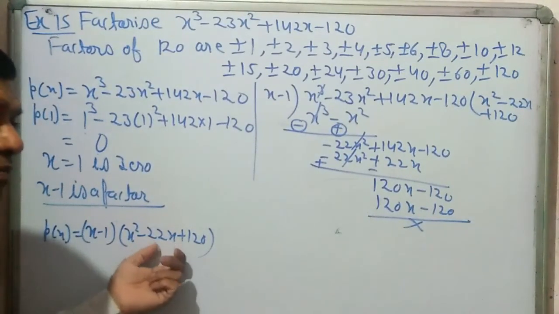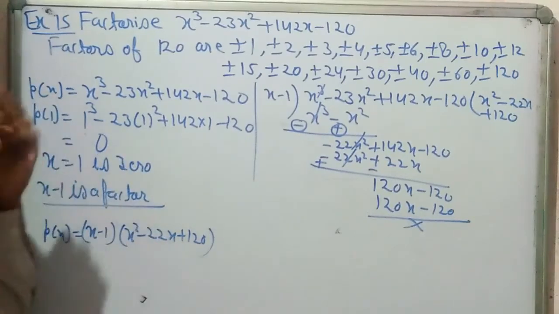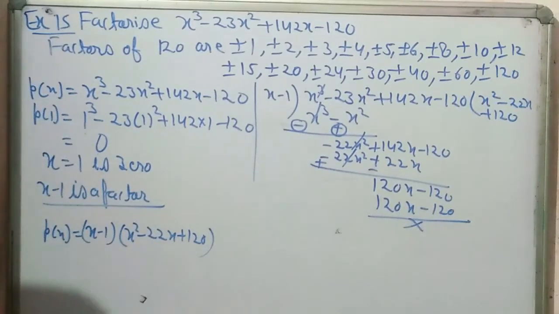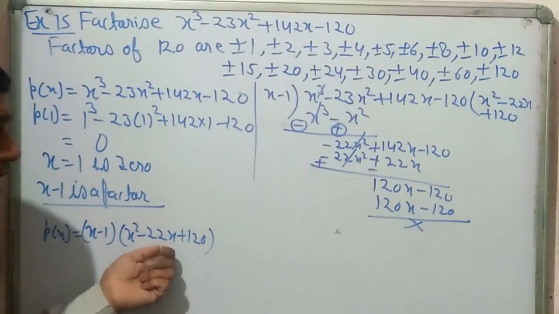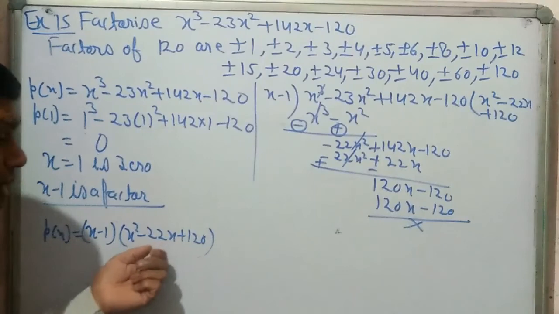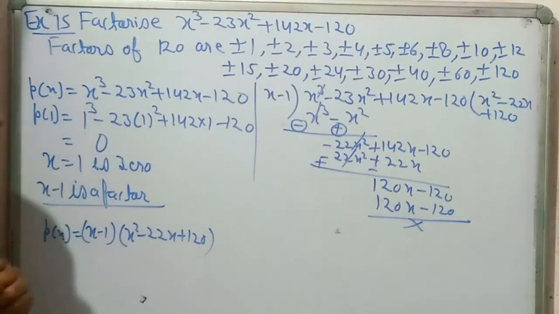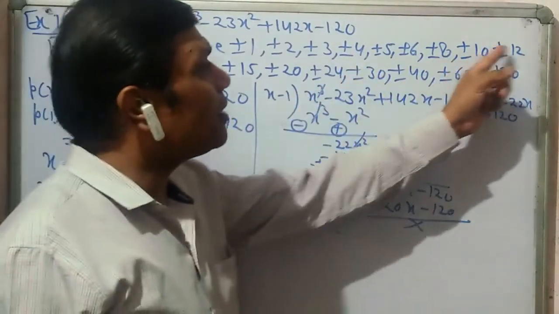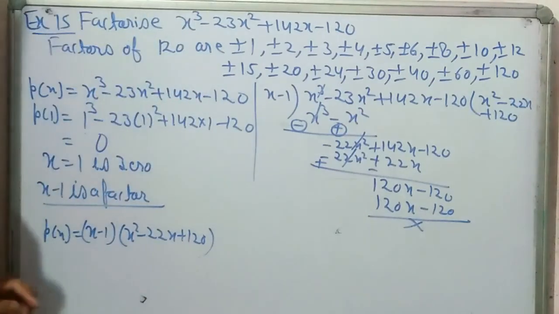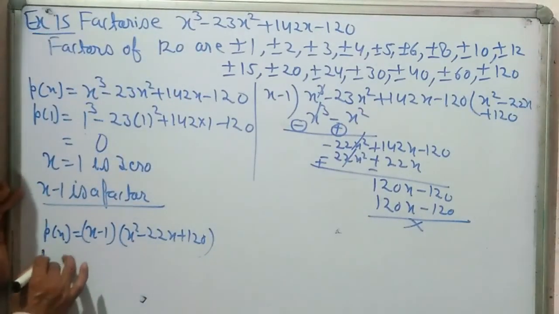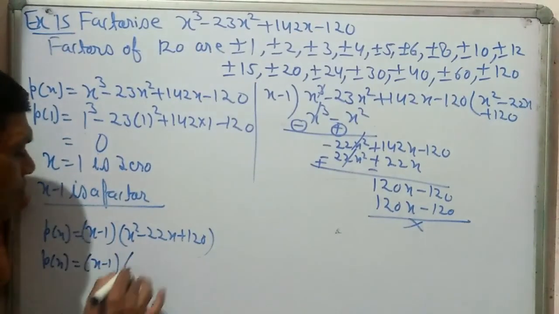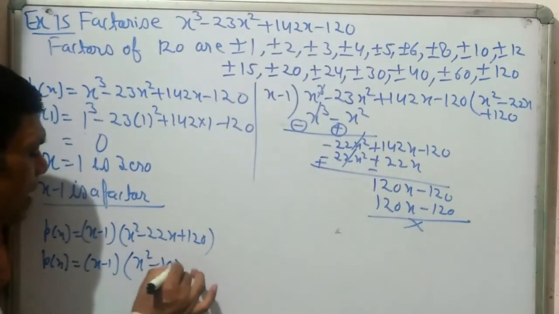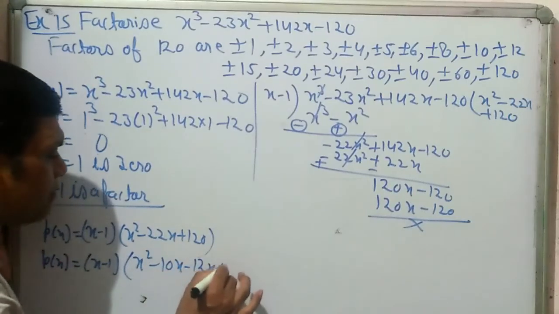Now can we factorize this quotient? If we are able to factorize it, we have got all the factors. So let us see, the product is positive 120. That means we have to split the middle term as a sum. 10 plus 12 is 22 and 10 into 12 is 120. 10 and 12. Right? So what I am getting is Px equals (x minus 1) times (x square minus 10x minus 12x plus 120).